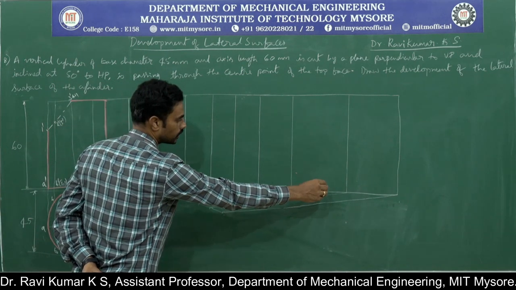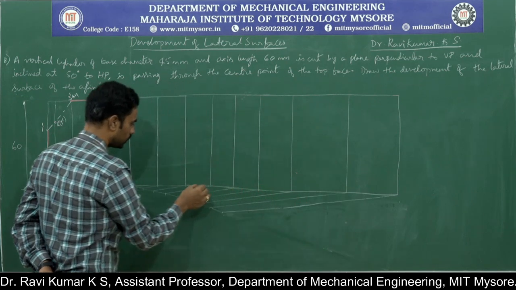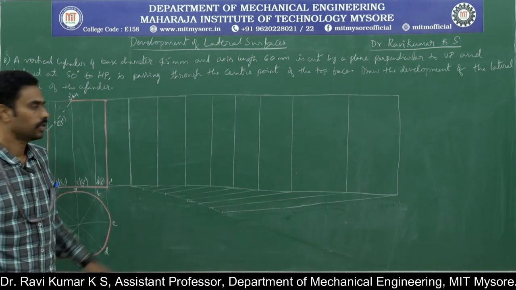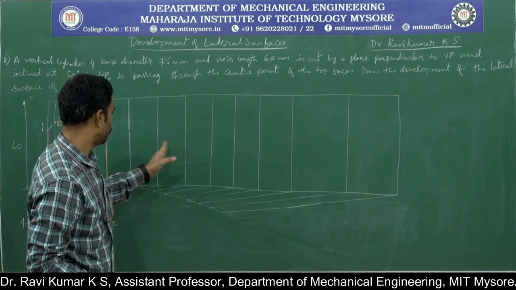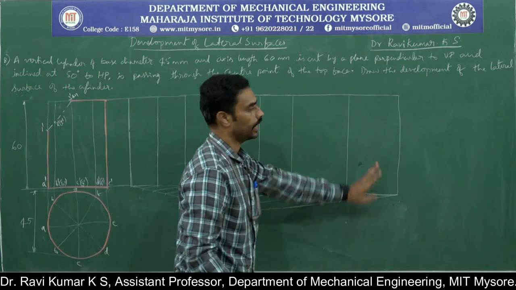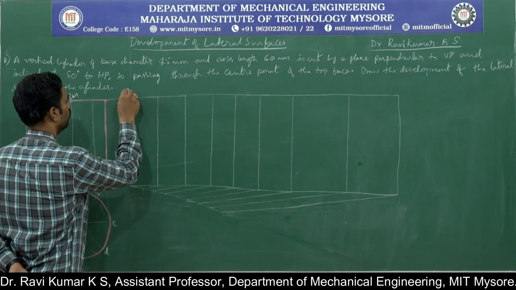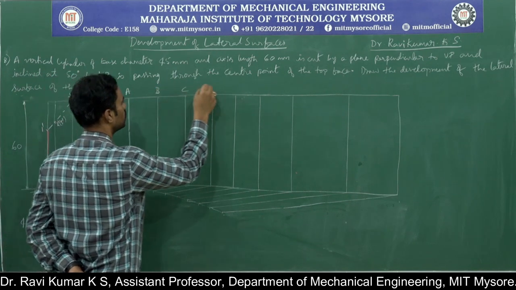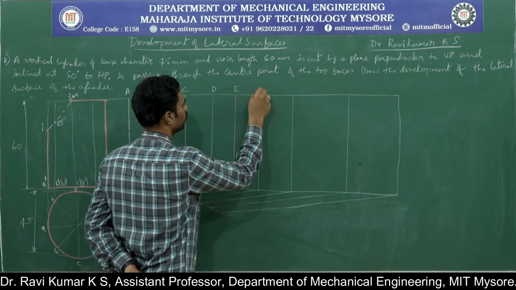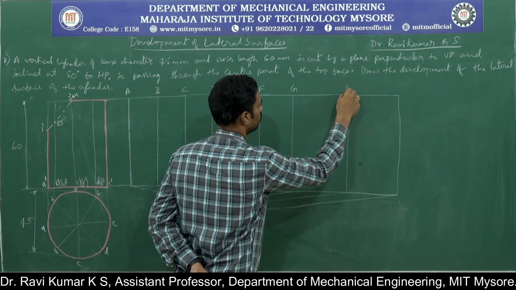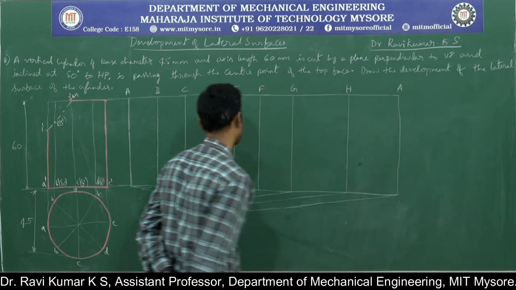Wherever those parallel lines cut this particular line, that is the division of this particular development. 1, 2, 3, 4, 5, 6, 7, 8. Okay. So here this is edge A, B, C, D, E, F, G, H and A.